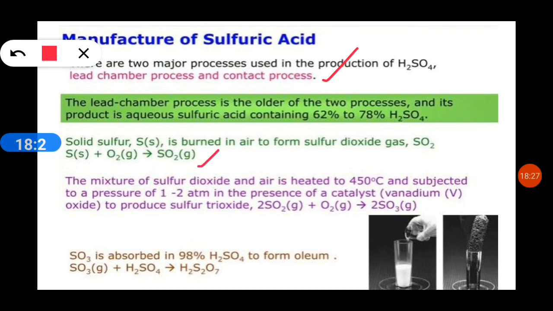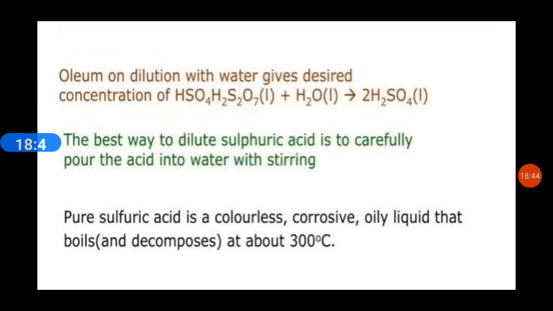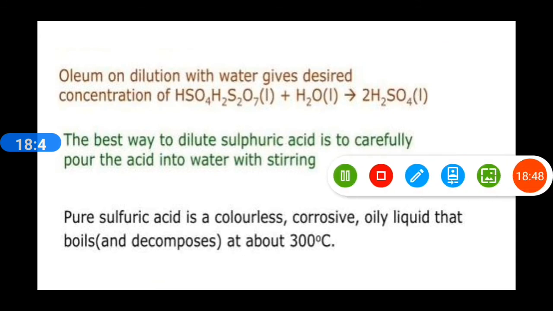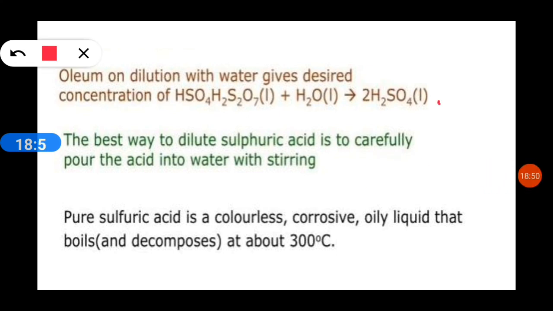Then sulfur dioxide is changed to sulfur trioxide in presence of catalyst, vanadium pentoxide. This sulfur trioxide is absorbed in 98% H2SO4 to form oleum. Oleum is diluted to give sulfuric acid.